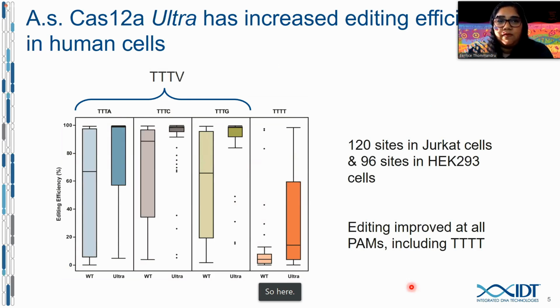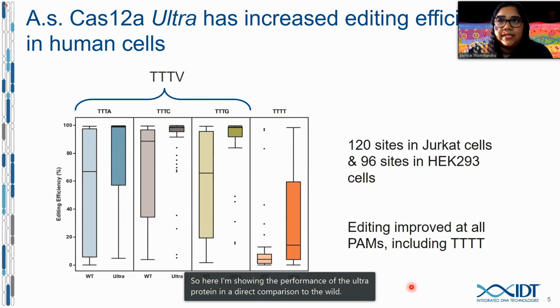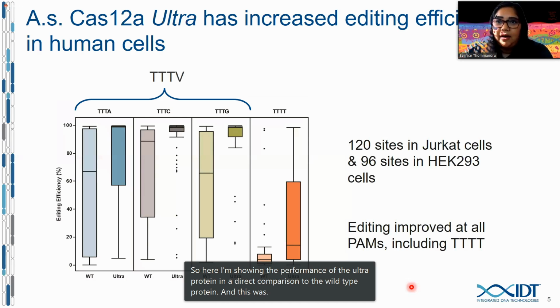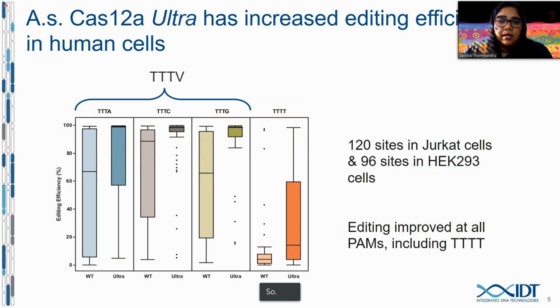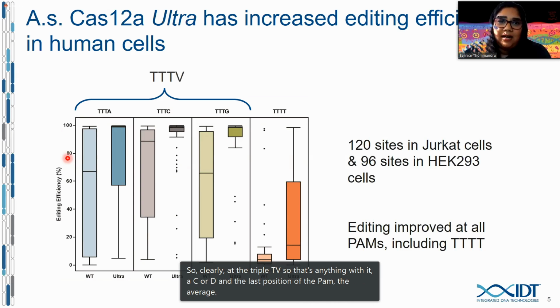So here I'm showing the performance of the Ultra protein in a direct comparison to the wild type protein. And this was about 100 sites in Jurkat cells and HEK293 cells, targeting all around the human genome. So clearly at the TTTV, so that's anything with A, C, or G in the last position of the PAM, the average rate of editing using the Ultra mutant is greatly improved.